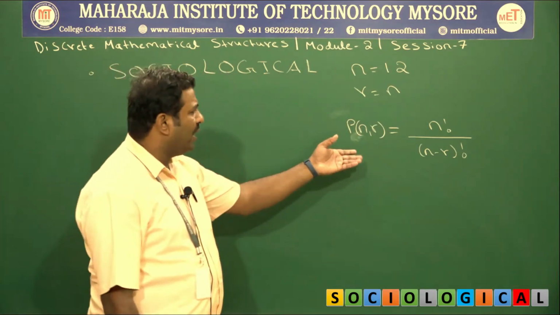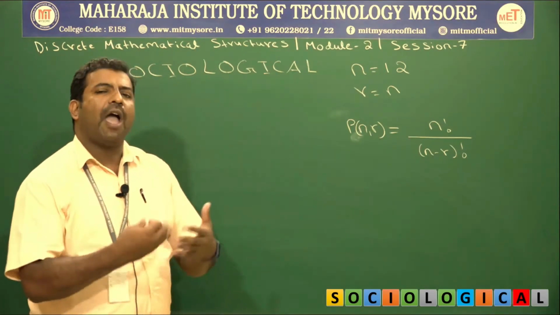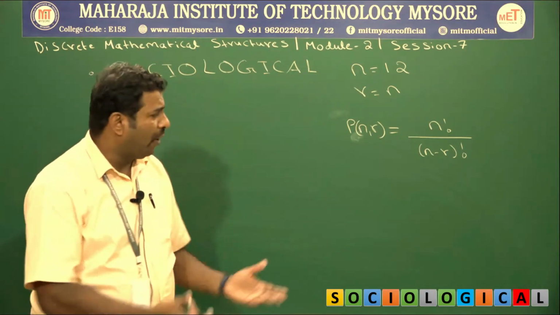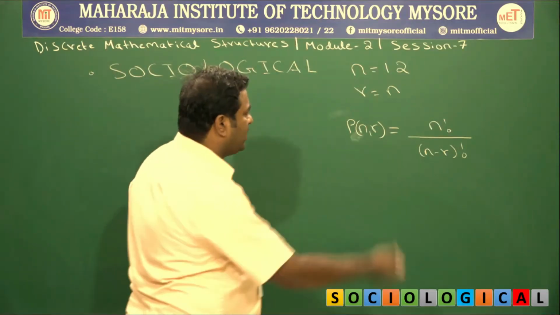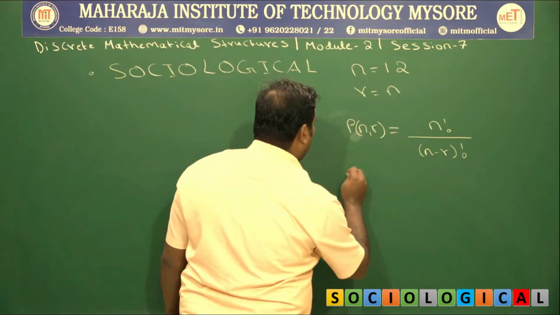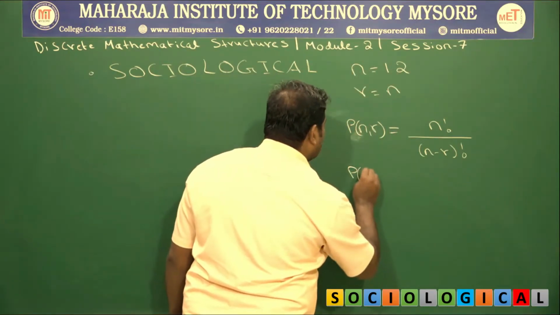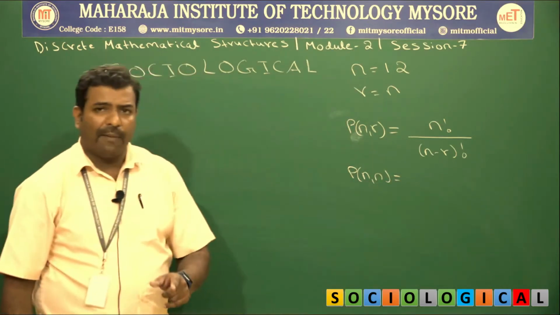Even I can apply the same form even if n is equal to R, but I have a shortcut form to solve such problems. What is the need of using the same general form? So whenever the value of n is equivalent to R, I am going to say P of n comma n. And why am I using n comma n?